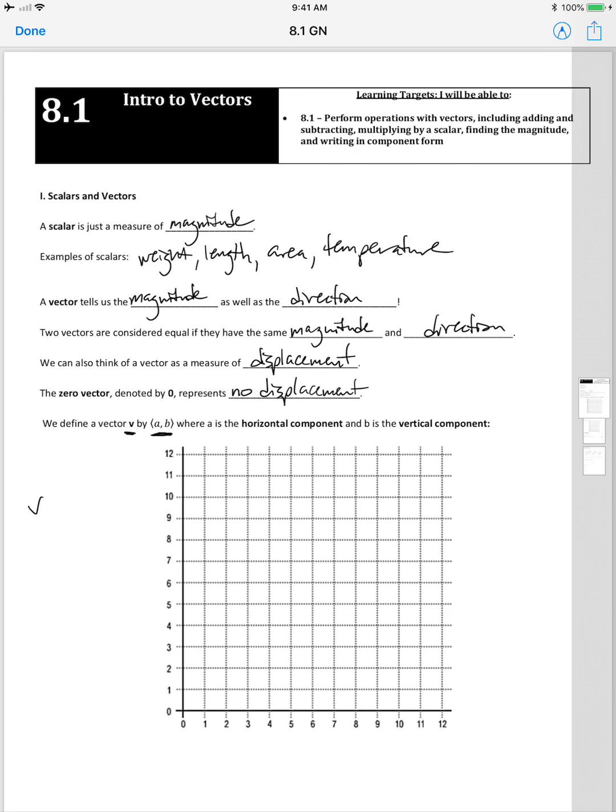So if I ask you to sketch the vector ⟨4, 8⟩, then 4 is my horizontal displacement, over 4, and then 8 is my vertical displacement, up 8. That was really bad. Sorry.